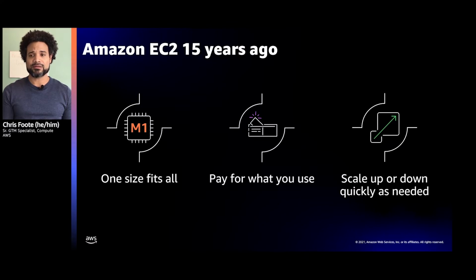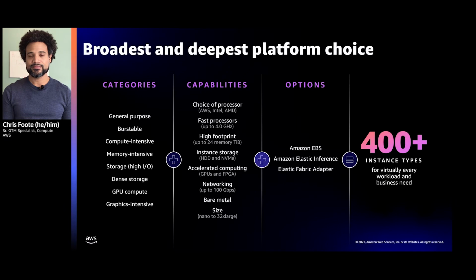But if we consider that 90% of the product roadmap is influenced by direct customer feedback, what we heard from customers is they needed more variation across different workload types. So this takes us to today. And we have over 400 different instance types for virtually any workload. And there's a variety of processors and architectures to choose from.